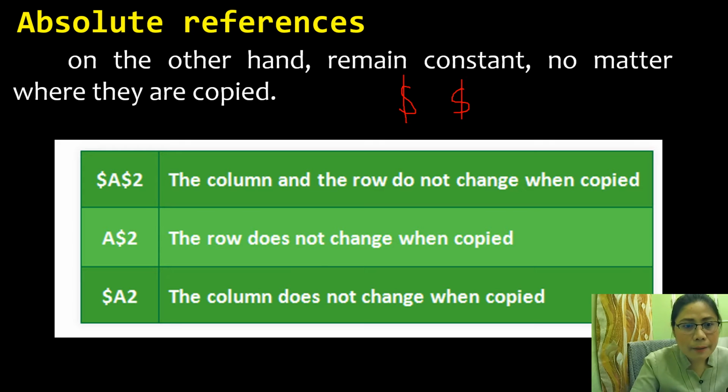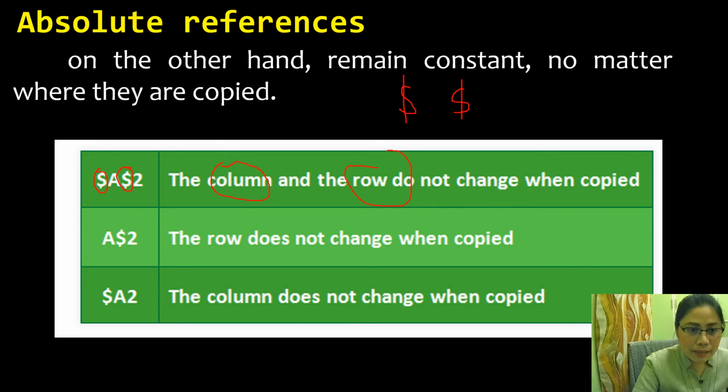In this case, nilagay yung dollar sign dun sa column, sa unahan, column, and then nilagay din yung dollar sign sa row. Ibig sabihin nun, kung ano man yung nakalagay sa column and row na yon na value or na formula, hindi siya magbabago.